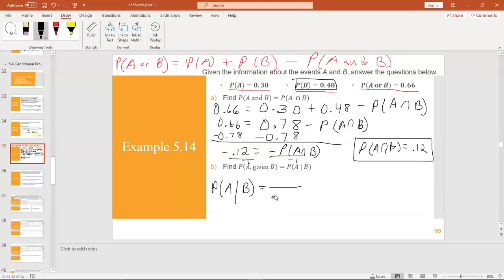This is going to be 0.48 because that is the probability of B. Actually, I'm getting ahead of myself here. Let's write the formula first. So this is the probability of A and B, and then this will be divided by the probability of B.